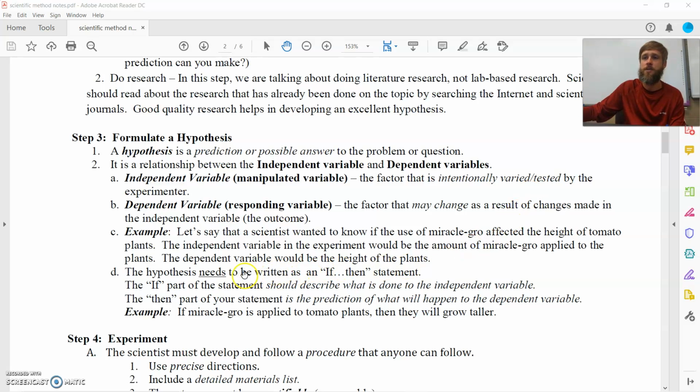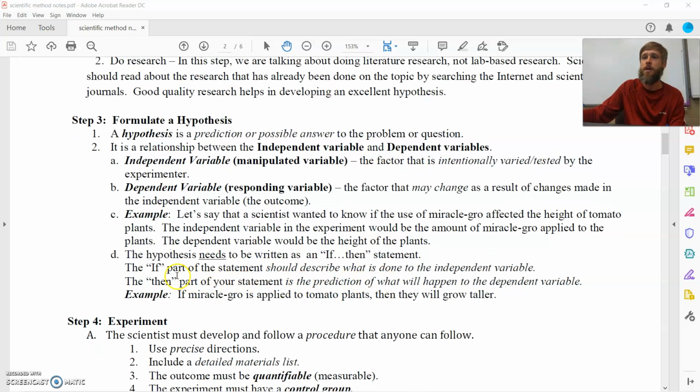The hypothesis needs to be written as an if-then statement. The if part of the statement should describe what is done to the independent variable. The then part of your statement is the prediction of what will happen to the dependent variable. For example, we're talking about Miracle-Gro, which is a fertilizer for plants, if you did not know that. If Miracle-Gro is applied to tomato plants, then they will grow taller.